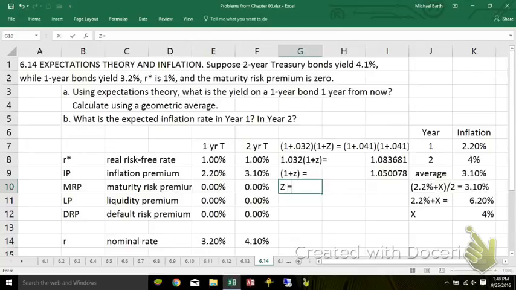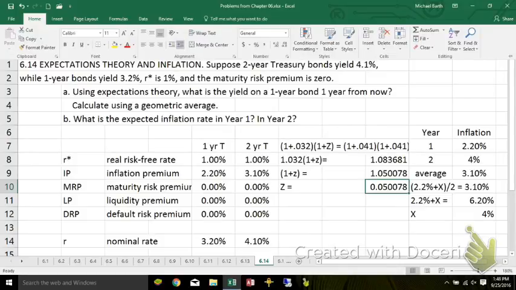Z is equal to that minus 1, and that's my 1-year interest rate 1 year from today.